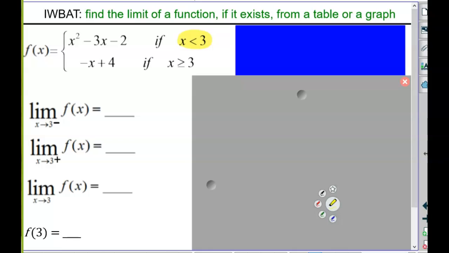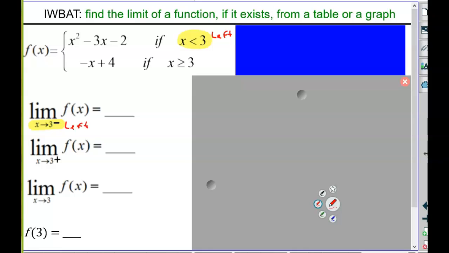My question to you is which numbers are going to be to the right, or excuse me, to the left of 3? Is it the ones where x is greater than 3 or less than 3? You have to read the domain to help you out. Right? Numbers less than 3, 2.01, 2.002, 2.5. This is going to determine my left-handed limit.